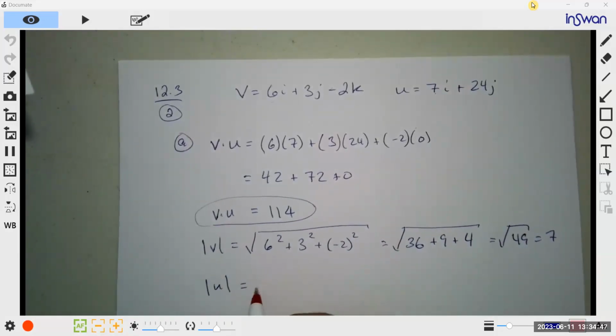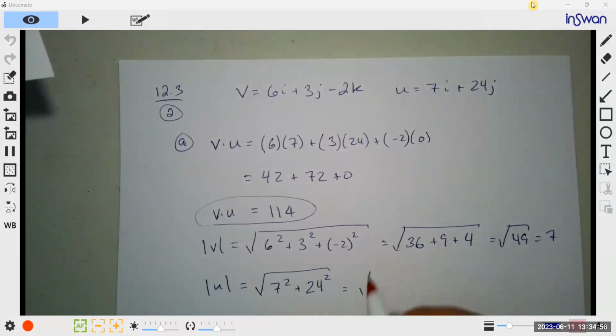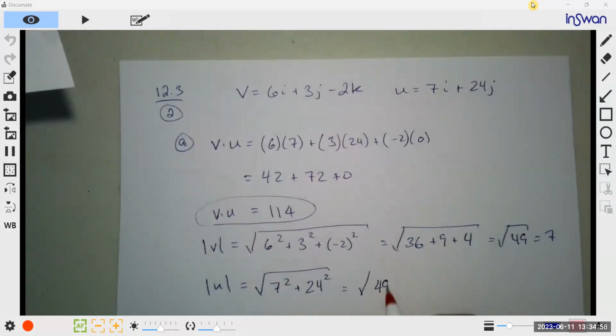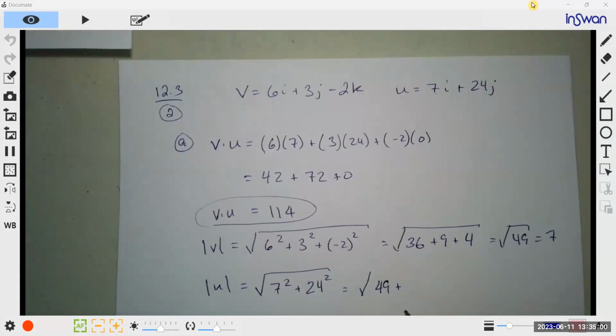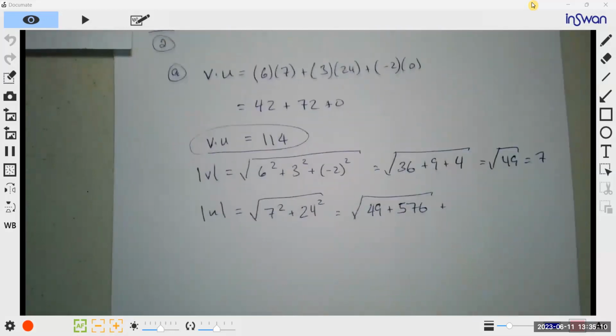Magnitude of u. 7 squared plus 24 squared. 24 squared is 576.